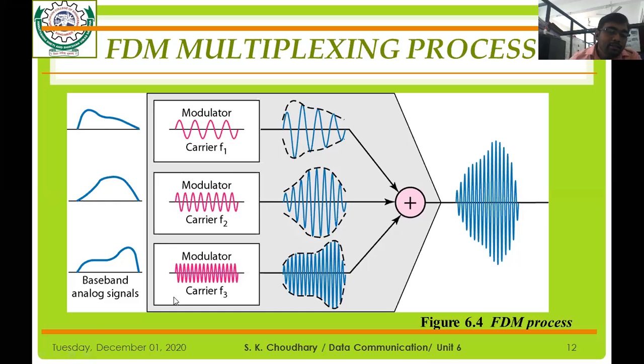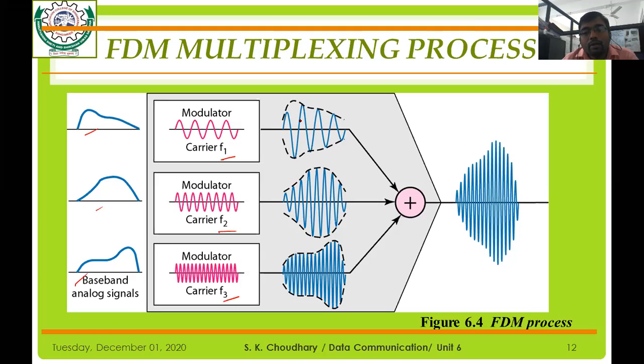Here you can use n number of signals, but we are representing three signals having different properties, modulated with three different frequencies f1, f2, and f3.